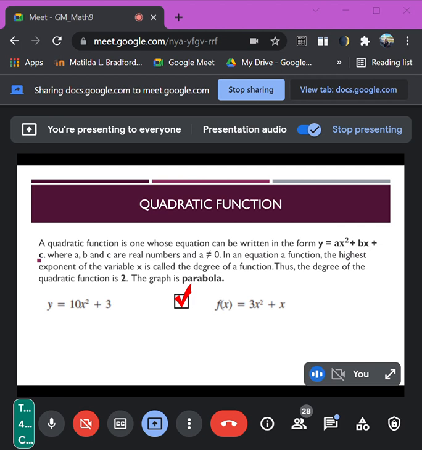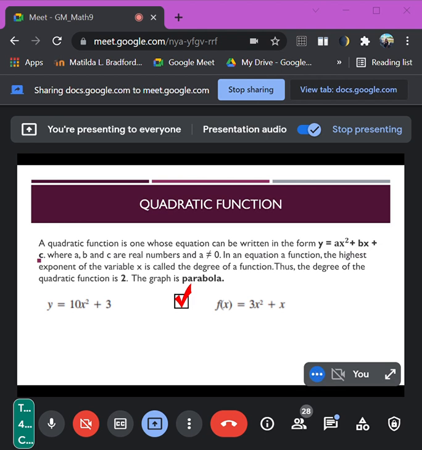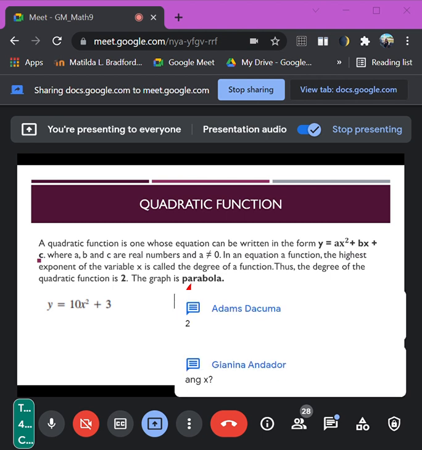And in this one, class, there is no constant, right? So what is this? Quadratic function, yes or no? What is the highest degree there? Okay, 2. So, is it a quadratic function?